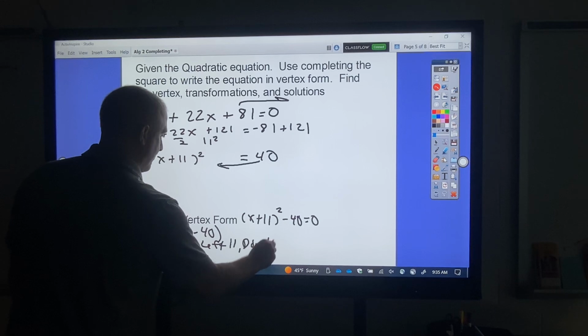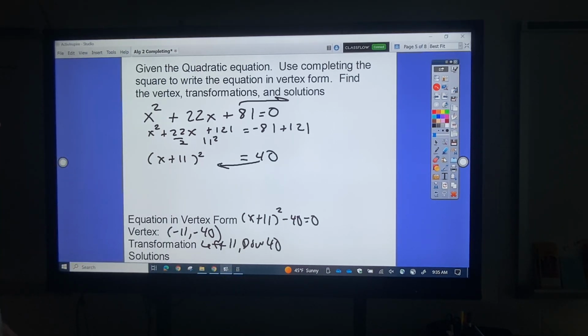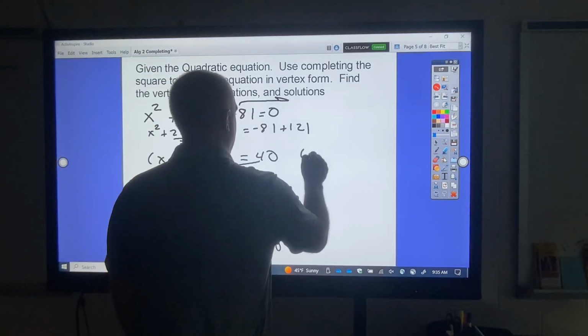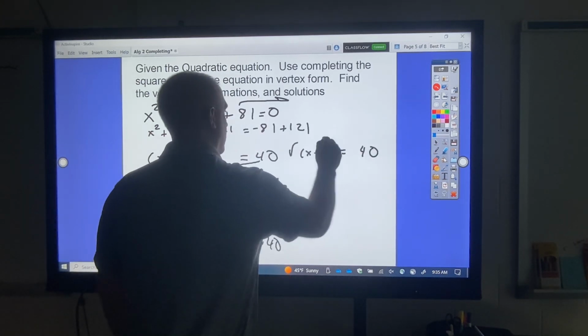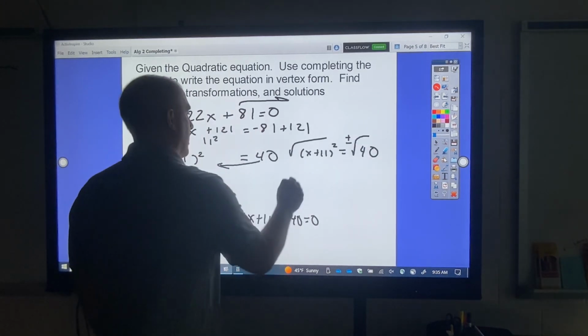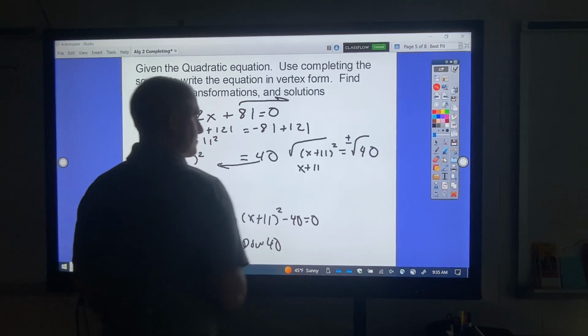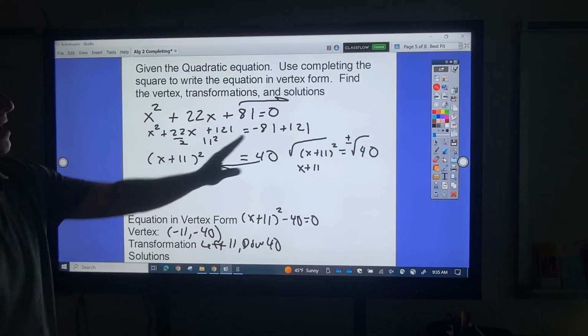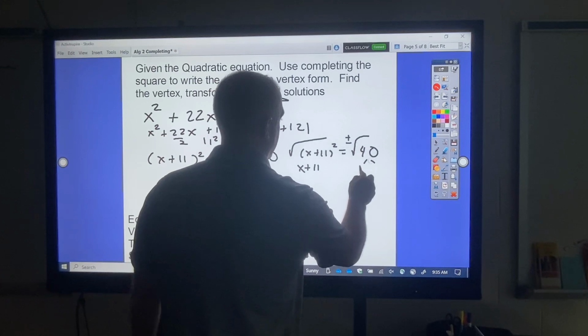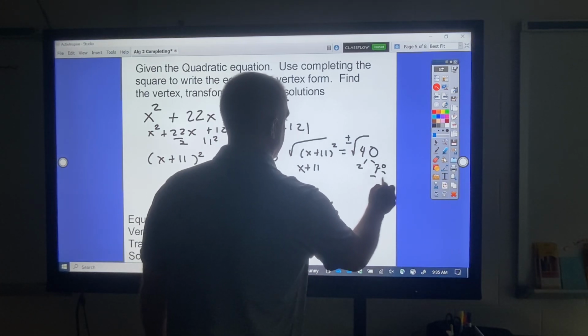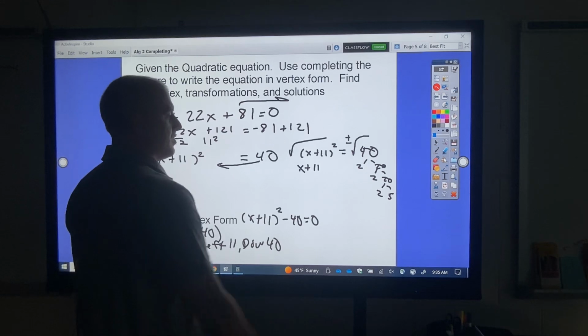Now, I've got to solve this. I wanted to show you what happens. I get x plus 11 squared equals 40. Take the square root, plus and minus. So that's x plus 11. Now, my problem here is 40 is not a perfect square, so I have to break that down. 2 and 20, 2 and 10, 2 and 5, just like we did earlier in this unit.